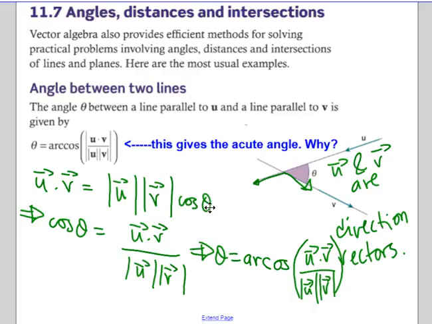Cosine of theta would have to be a negative value because cosine of an obtuse angle gives a negative value, which is okay. We would work out theta with arc cos as follows, and it would give us the obtuse angle. Nothing wrong with that, but this formula here always gives the acute angle, and here's the reason.